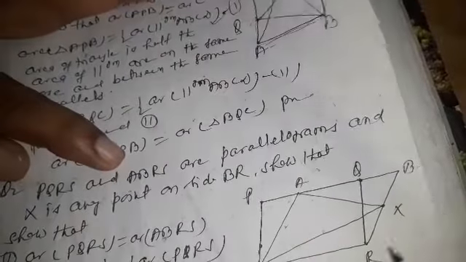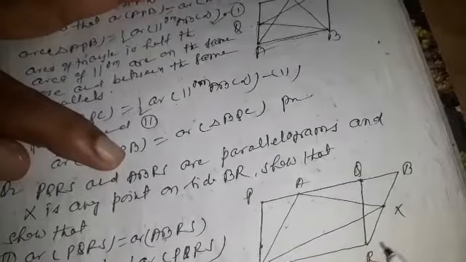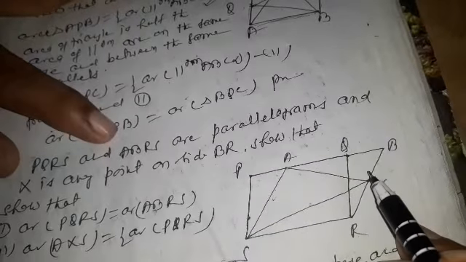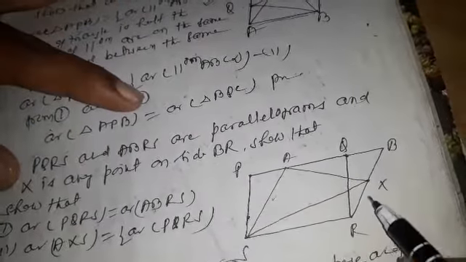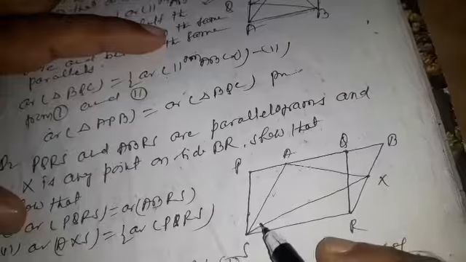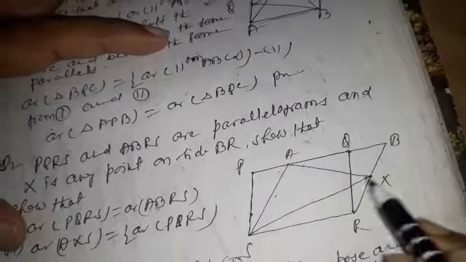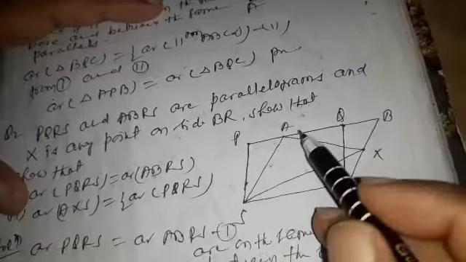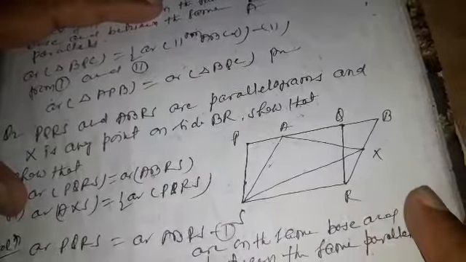Next question is, PQRS and ABRS are parallelograms and X is any point on side BR. Prove that area PQRS is equal to area ABRS, and area AXS, area of this triangle, is half the area of parallelogram PQRS.